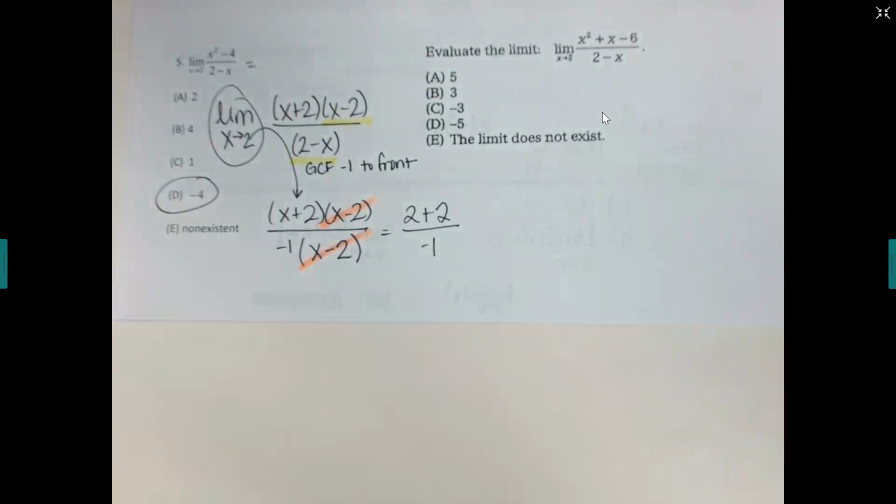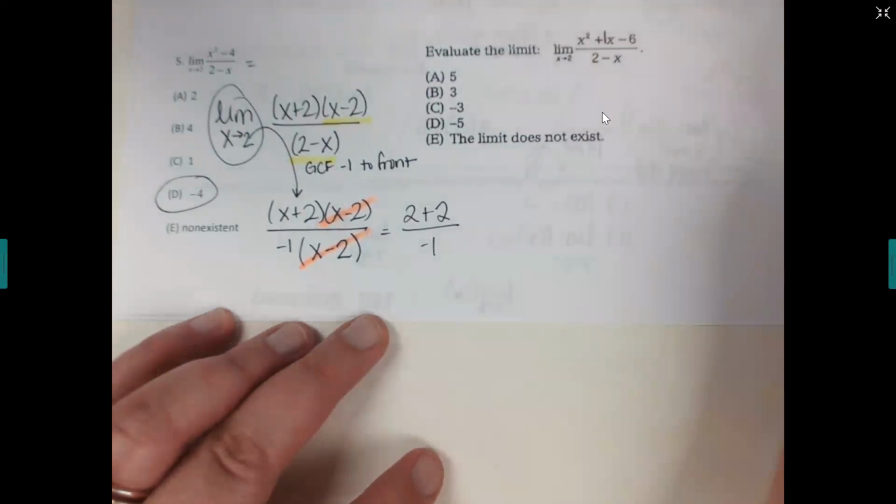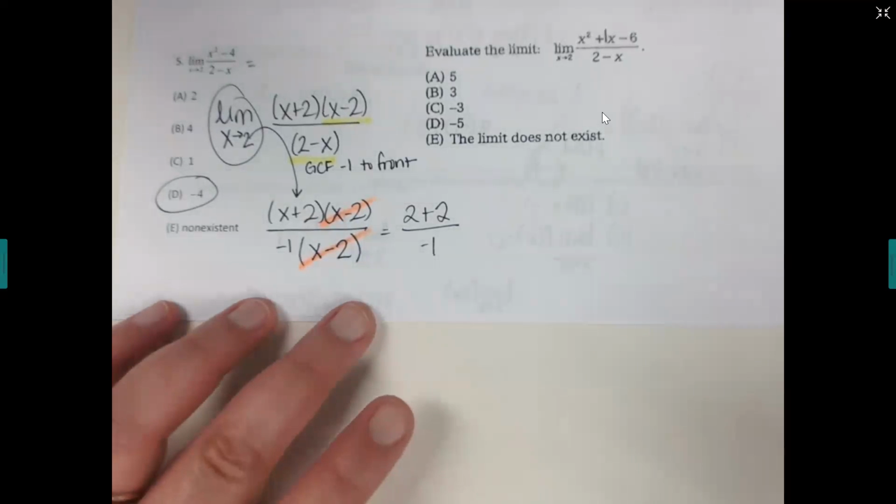You need numbers that multiply to -6 and that add to +1 to factor the top. Multiply to -6 and add to +1. Okay, what could we pick?